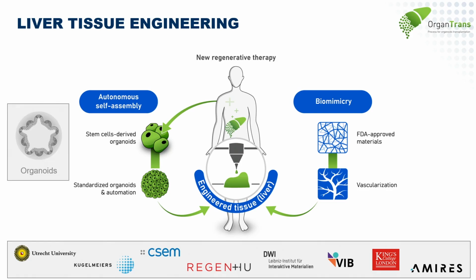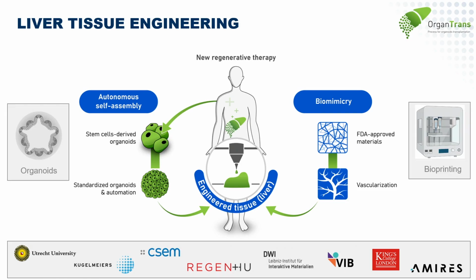It is based on using organoids and combining them with bioprinting approaches to create the liver tissue. If you want more information about the project, I invite you to visit the website or to come to me after the talk.